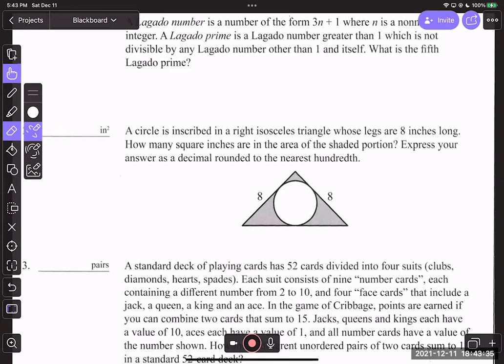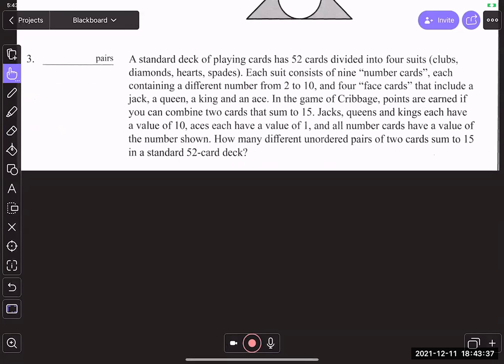Problem number 3. A standard deck of playing cards has 52 cards divided into 4 suits: clubs, diamonds, hearts, spades, in that order. Each suit consists of 9 number cards, each containing a different number from 2 to 10, and 4 face cards that include a jack, queen, king, and an ace.